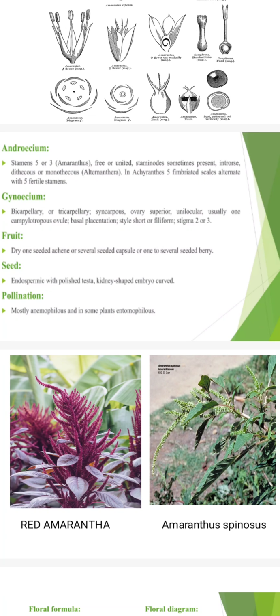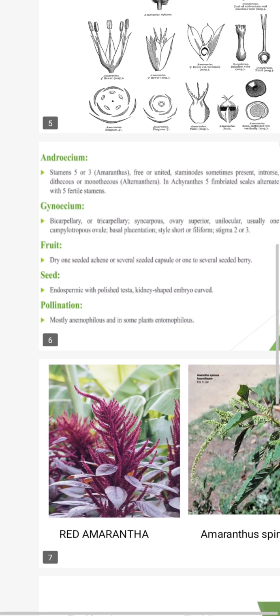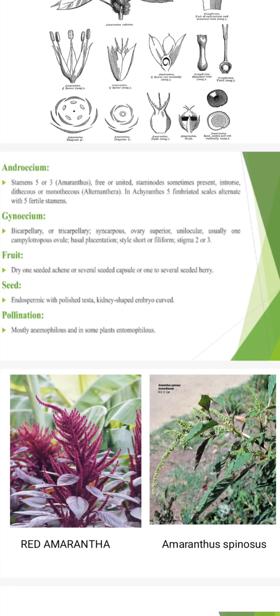Actually they are members of Caryophyllales, and the plants under it have red and pink pigments. Betacyanin pigments are there, so that they have the red and pink color, and they are full of antioxidants.